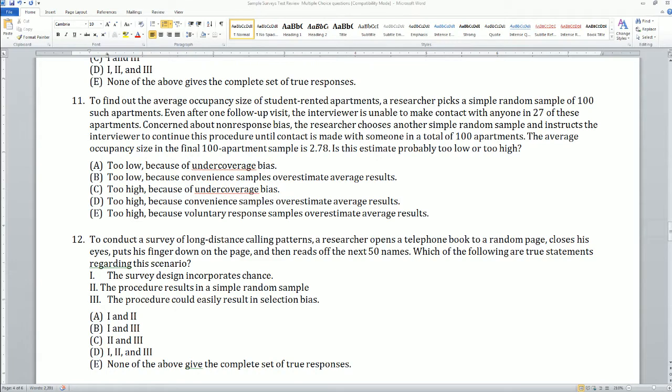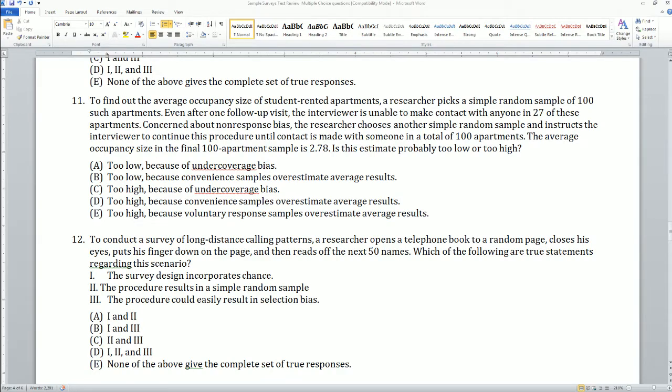Remember, read the second sentence. Even after one follow-up visit, the interviewer is unable to make contact with anyone in the 27 of those apartments. So too high. Okay, go back.